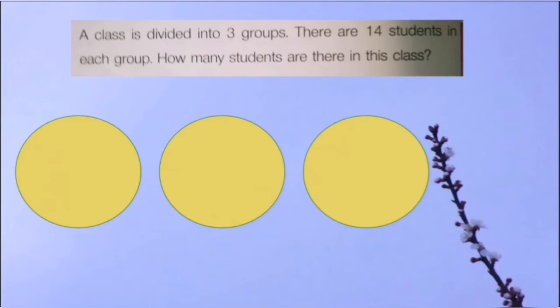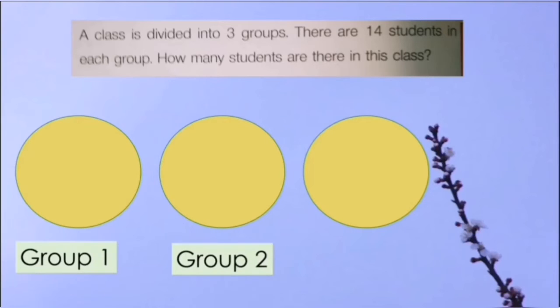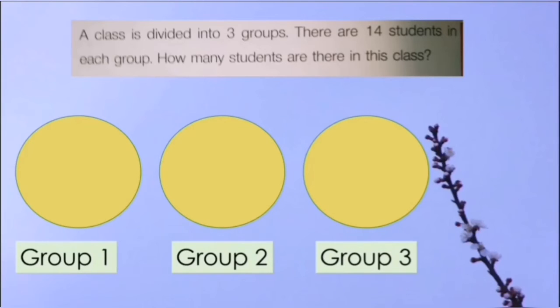So here I have 3 circles. These 3 circles represent the groups. So again, a class is divided into 3 groups, meaning there are 3 groups. So we have group 1, group 2, and group 3.